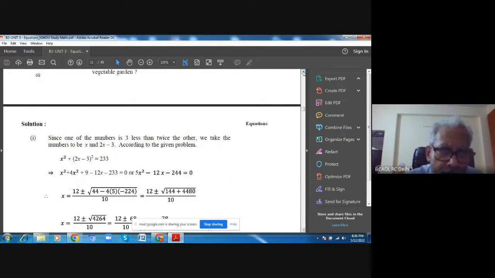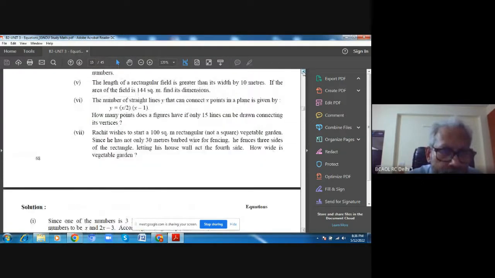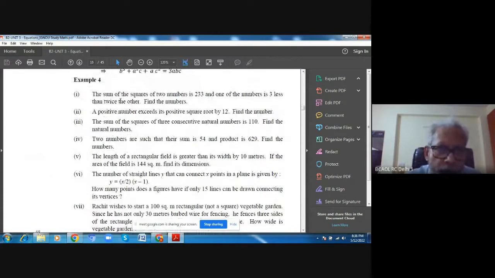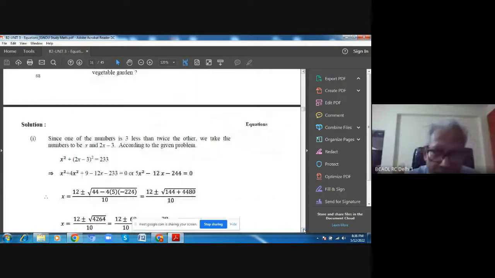Let's see once again the question: the sum of the squares of the two numbers is 233. So if we consider x, that means x square. That's why the square has come, correct? So now it is clear.